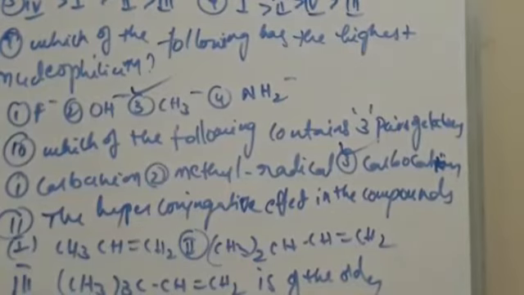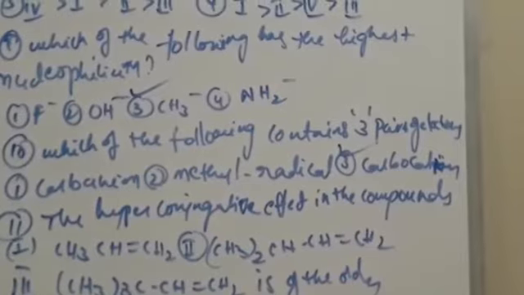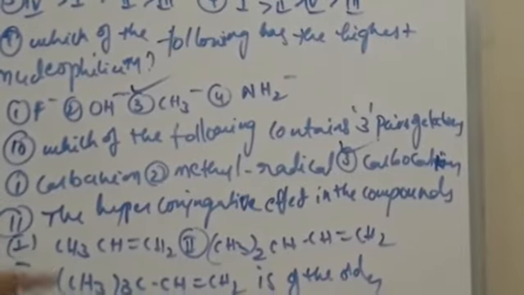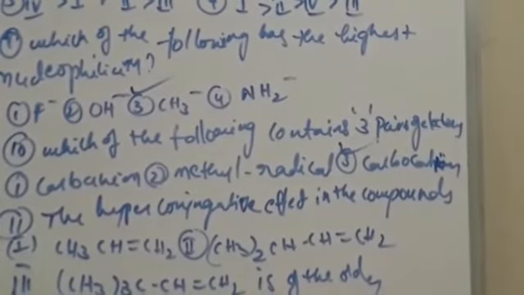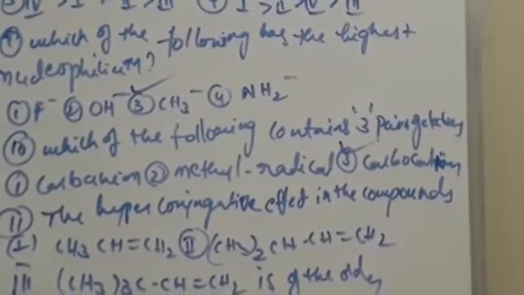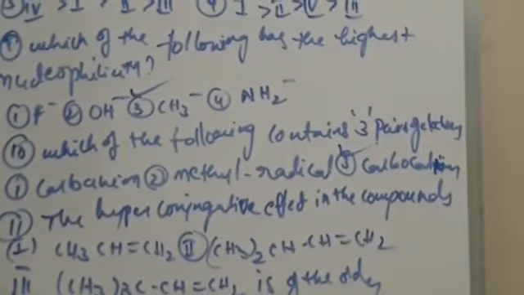Okay. Next, the hyperconjugative effect in the compounds. So here different compounds are given. What is hyperconjugation? Displacement of sigma electrons of the CH bond of a methyl group, which is linked with either an sp2 hybridized atom or an atom having unshared p orbitals.